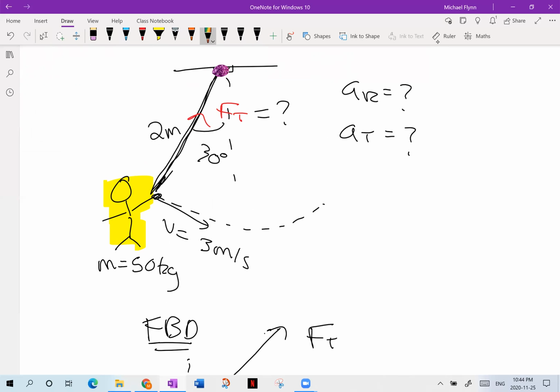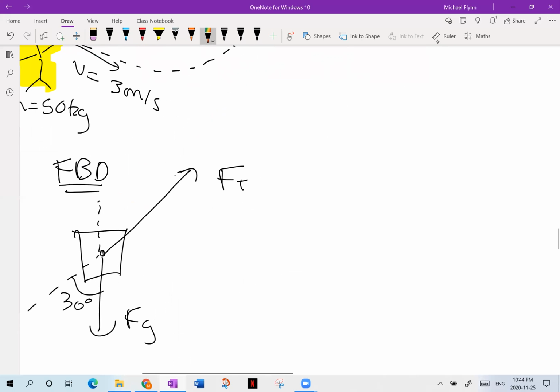So the radial acceleration is going to be along that rope, okay? So that means that our y-axis, if you like, okay, like he's going to have radial acceleration that way, and we're going to make that our y-axis.